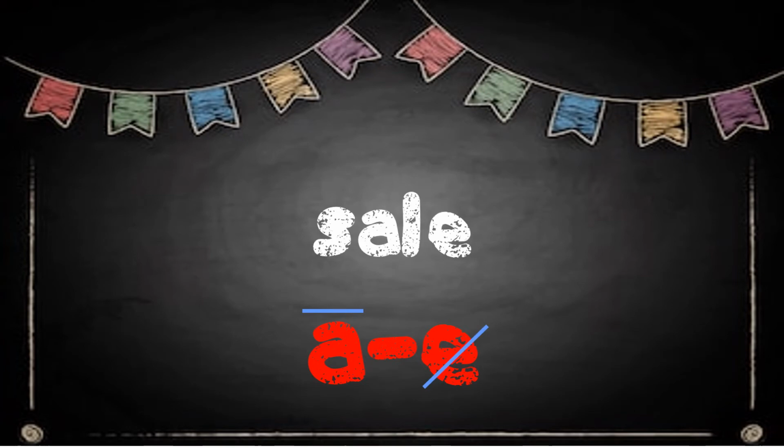How many sounds are there between the A and the E? Just one. It's the letter L. What would happen if I erase the E at the end? If I erase the E, the A would become short, and this would say sal, not sail.